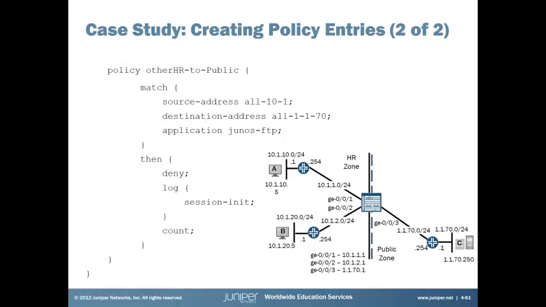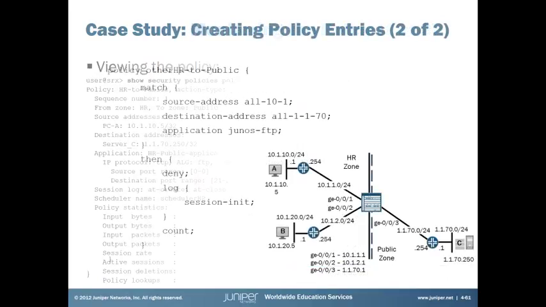And then this is the next policy, which is policy other HR to public, with source address any, which was the rest of the subnet, destination address, which was all of the public zone subnet, application GNOS FTP, then deny, and we are logging session inits and counts. Okay, so the policies will be evaluated in order, which is important.